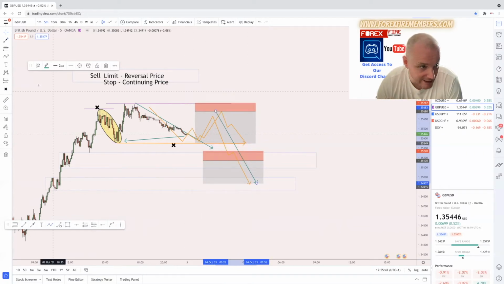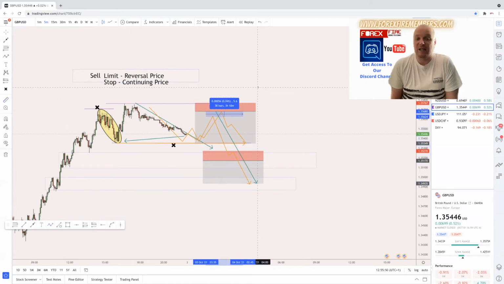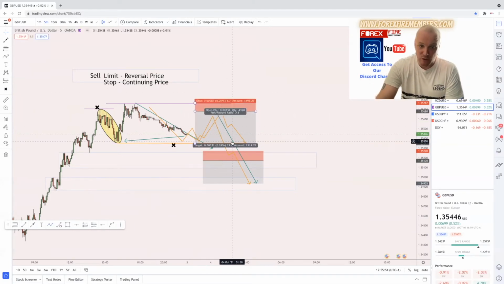So let's say again, you've missed your entry where you were anticipating the price to come up to here, and you've missed this by, let's say, 5 pips, and then you start getting the price moving down.